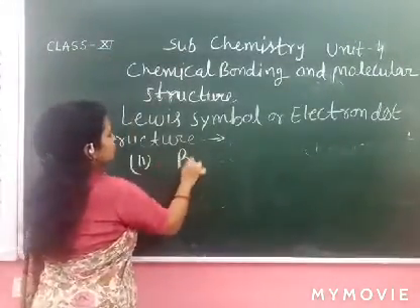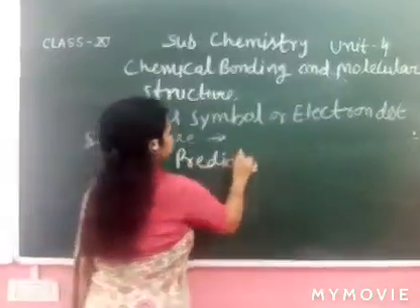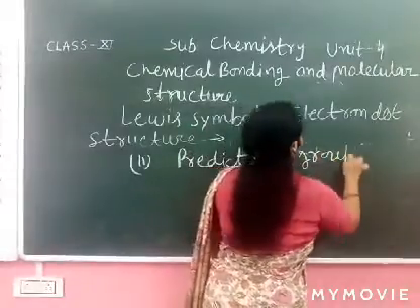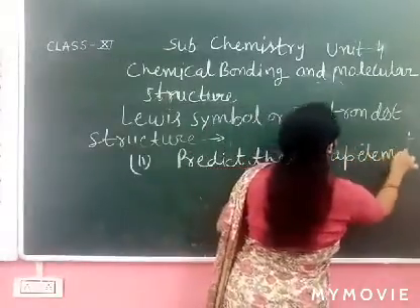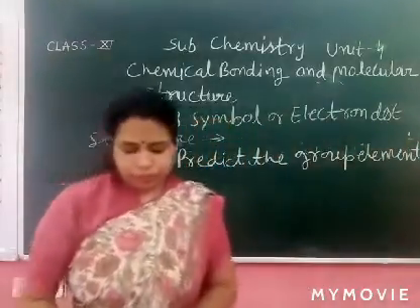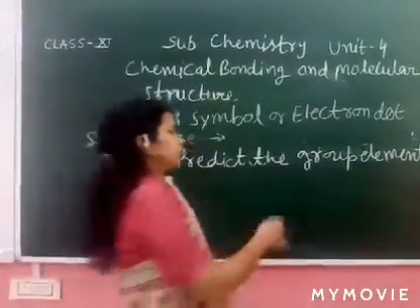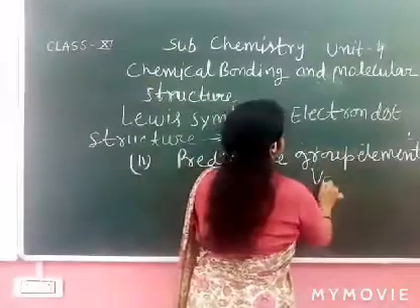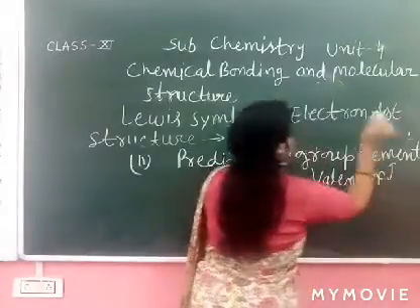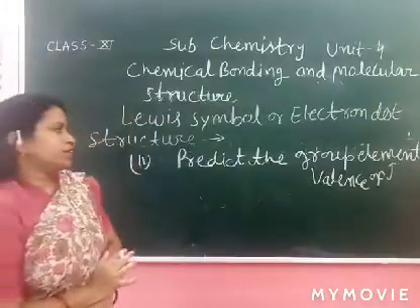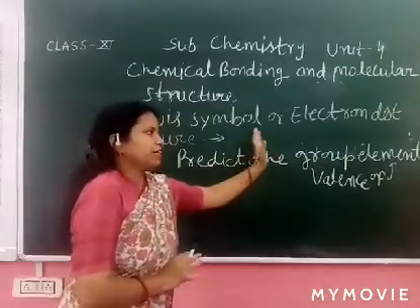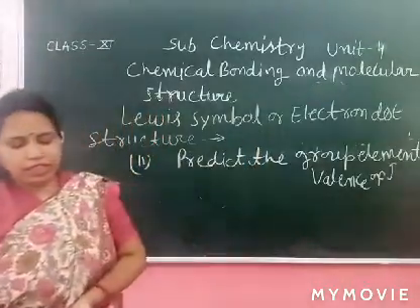So the next point is, by the Lewis symbol we predict the group valence of the element.